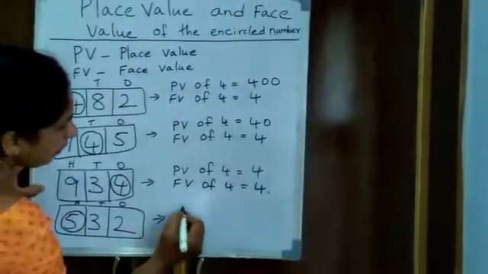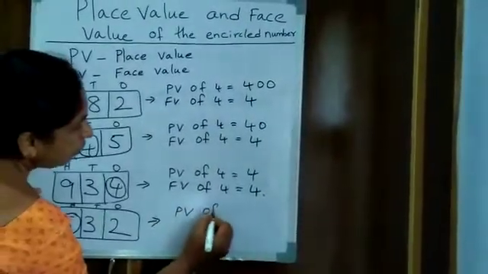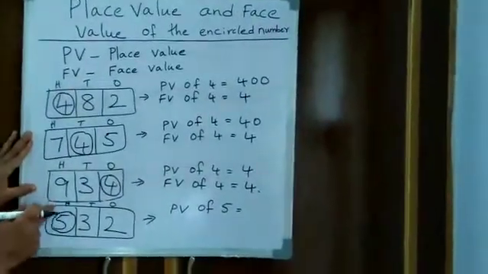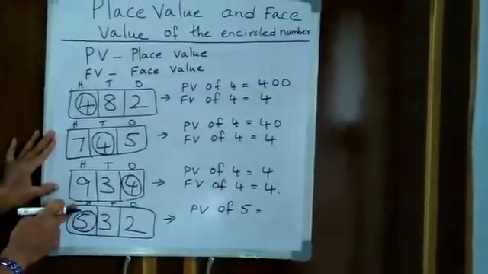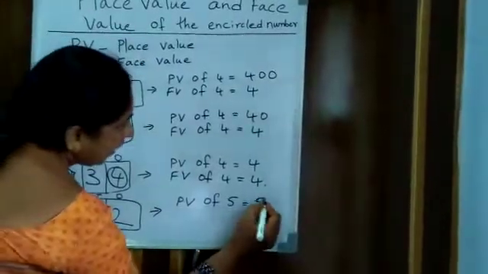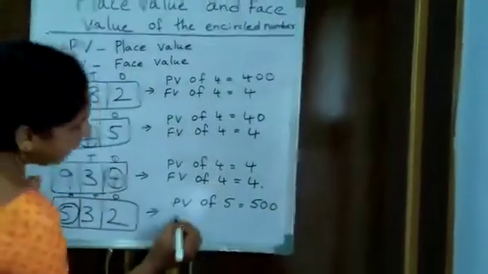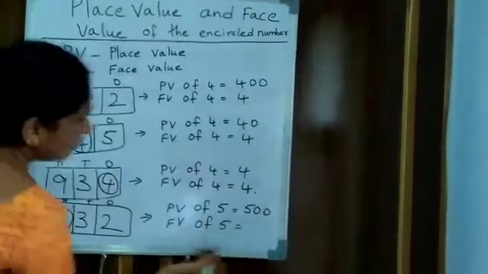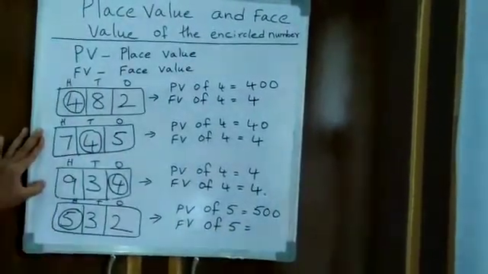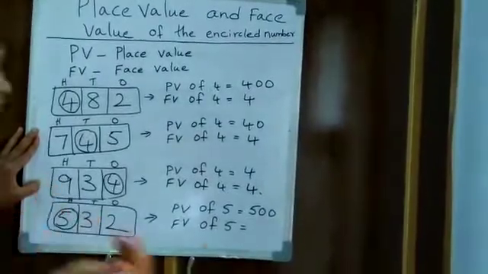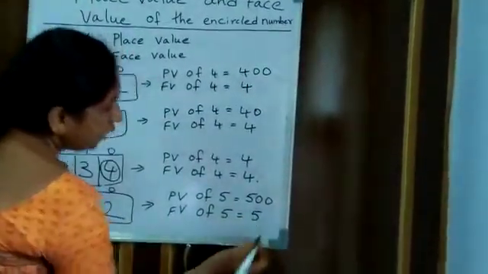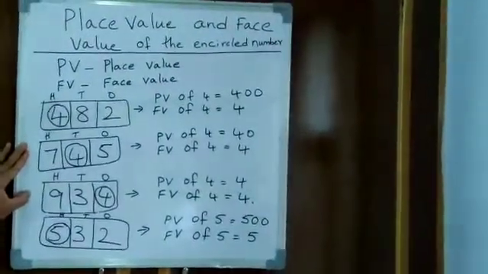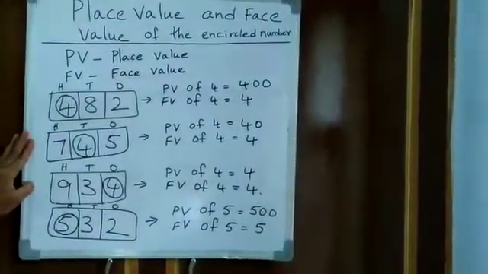Place value of 5 is equal to... 5 is in which place? Hundreds place, so 500. And FV of 5 is equal to... What is the face value of 5? 5. Face value will not change, only the place value will be changing. I hope you have understood.